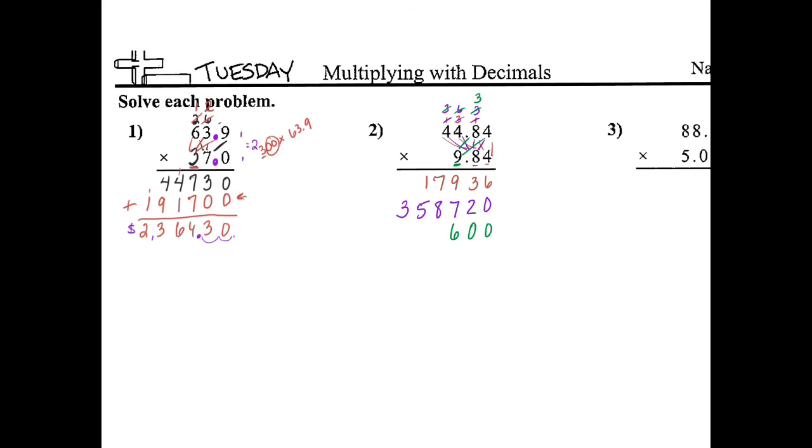Add the regroup. 73, 74, 75. 9 times 4, add the regroup. 9 times 4 is 36. Add the 7. So you have 36, 37, 38, 39, 40, 41, 42, 43. And then 9 times 4, add the regroup. 9 times 4 is 36. Add the regroup. 37, 38, 39, 40.